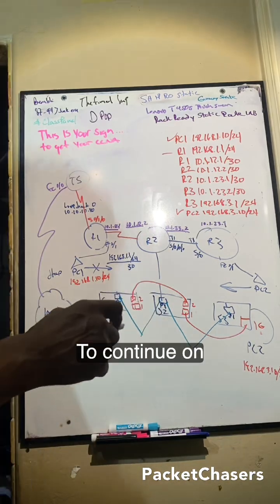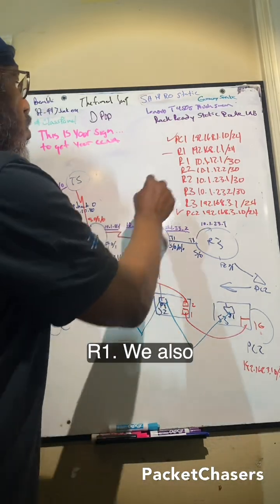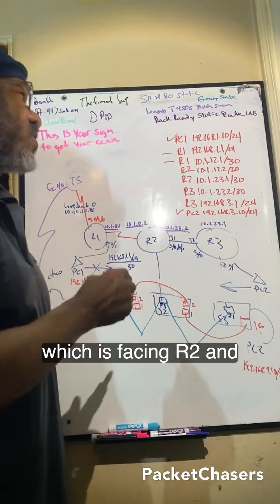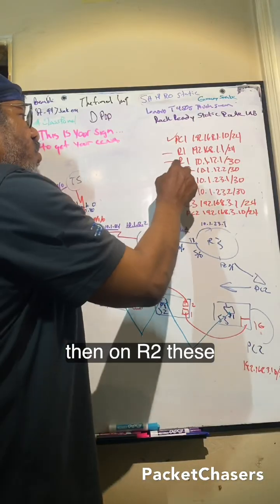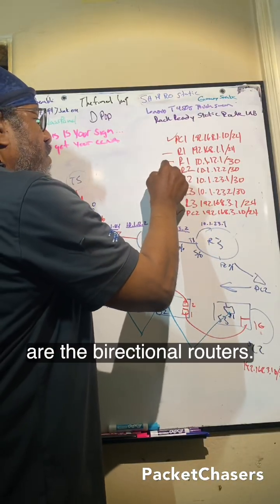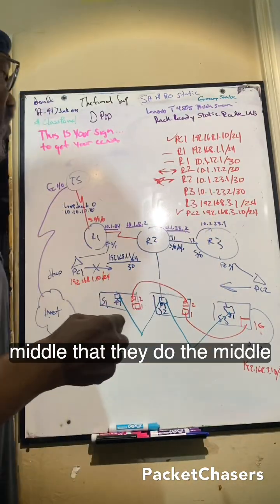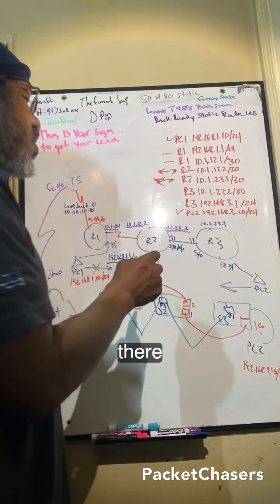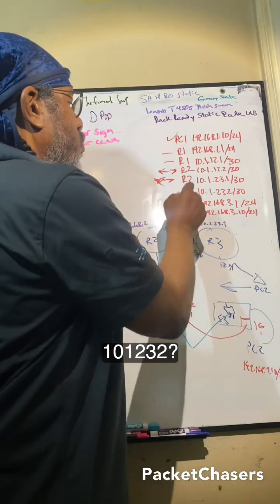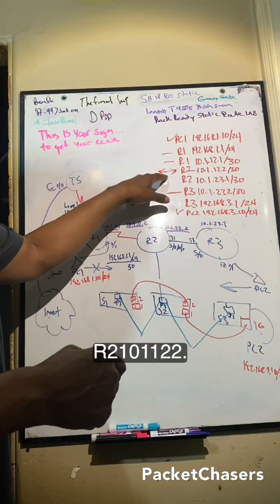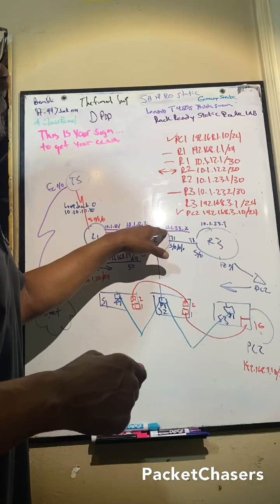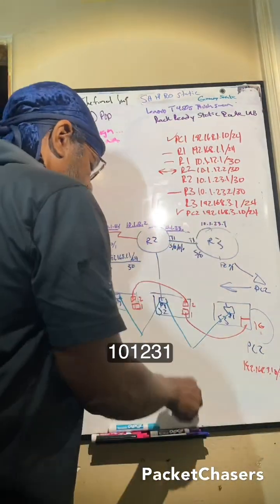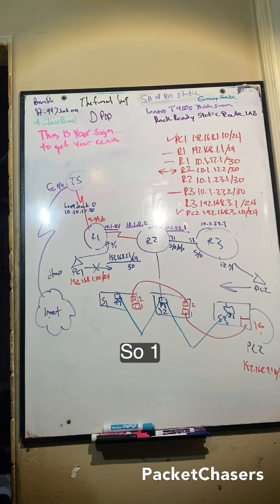To continue on R1, we also have 10.1.12.1 right here, which is facing R2. And then R2 is the middle router, with interfaces in both directions. 10.1.12.2 is there, and 10.1.23.1 goes here.